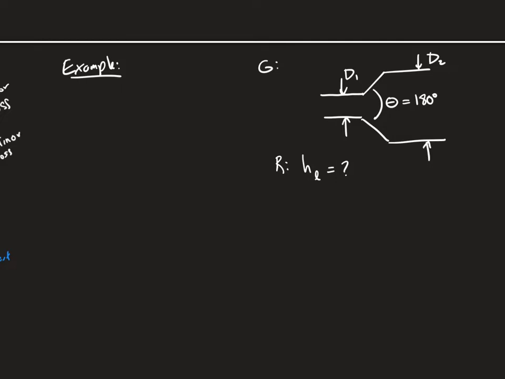The reason we're working on this is because we have already done this one, and we're never going to do it the way that we did it initially, but we'll talk about that in a second. Basically, this expansion is 180 degrees. In essence, what's going on here is not really as it's drawn. It's drawn the way you would find it in that diagram.